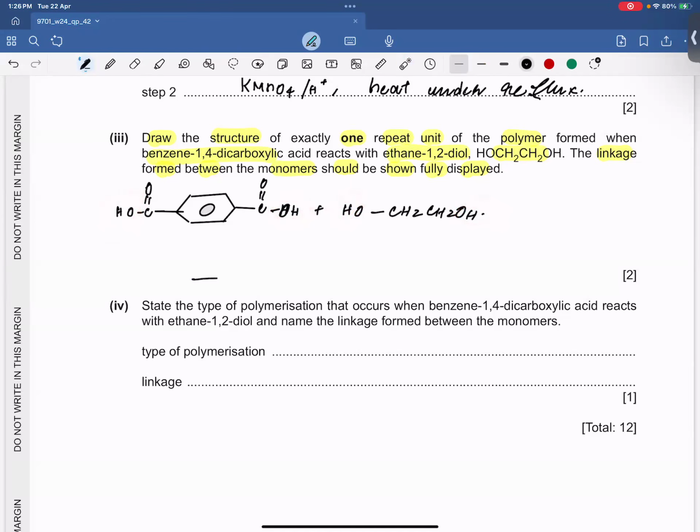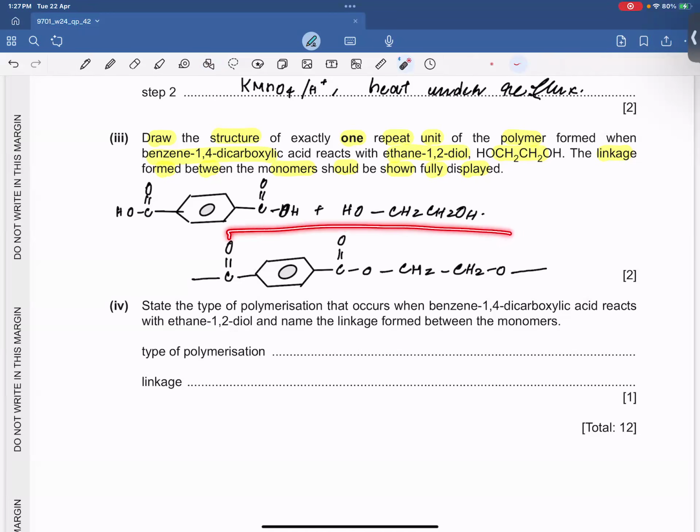So I can write this structure like this: C double bond O, C double bond O, this oxygen, this CH2, this CH2, this oxygen, and this bond continuation. So that's the one repeating unit, guys. From here to here, that's one repeating unit.